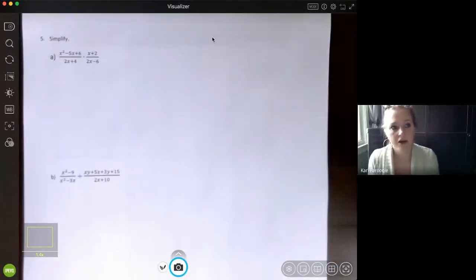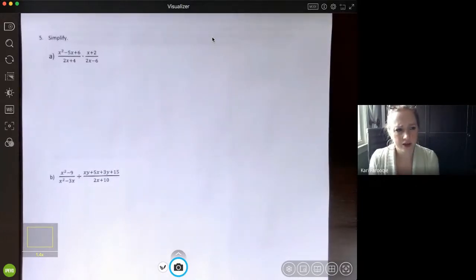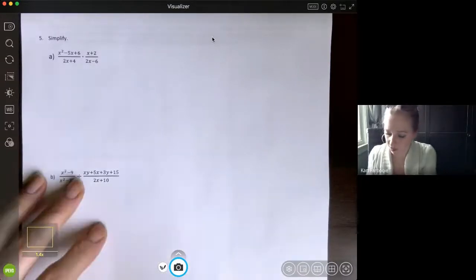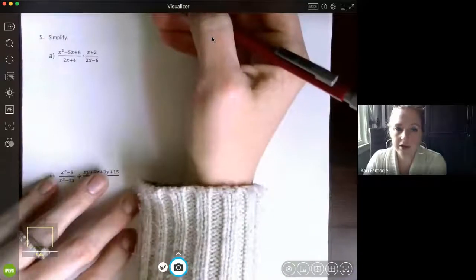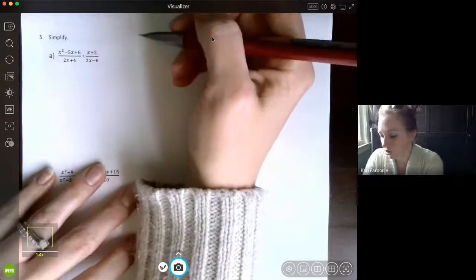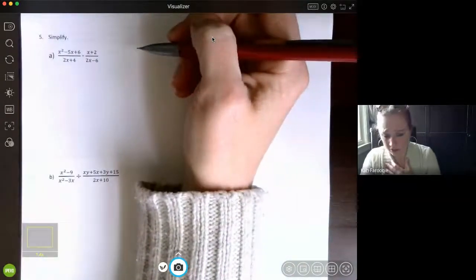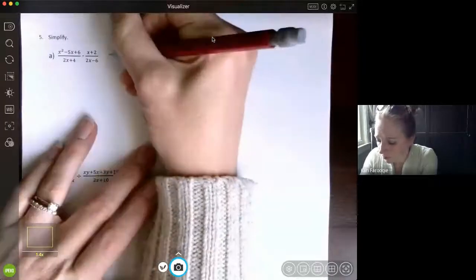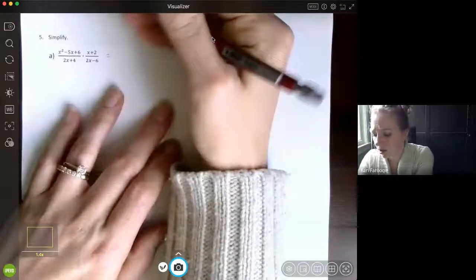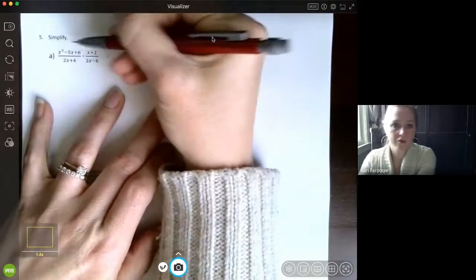As far as chapter 7, example 5A is multiplying rational expressions. Remember that the whole goal here is that we want to simplify and multiply across. Before we do that, we're going to factor each expression that makes up each part of this rational expression. So when we rewrite this, we're going to factor x squared minus 5x plus 6.